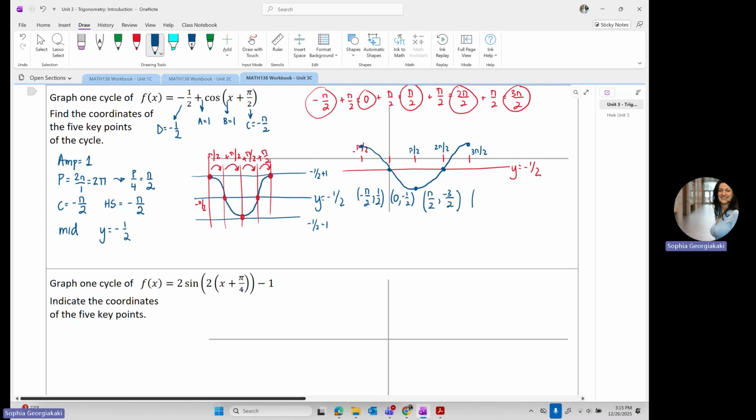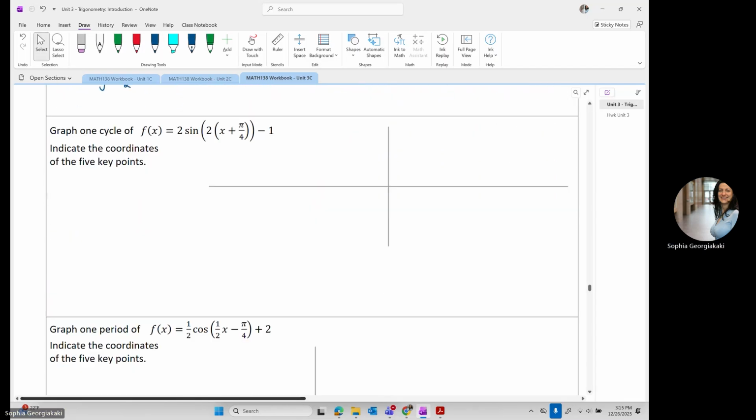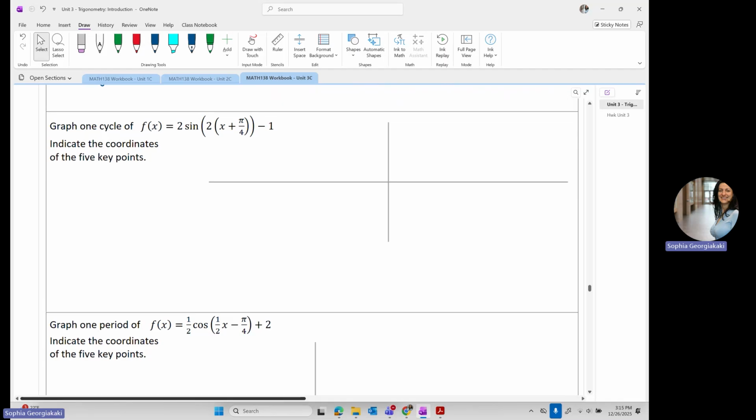At 2 pi halves, my y coordinate is the midline. At 3 pi halves, my y coordinate is the maximum. These are the 5 critical points. So let's put everything together now.